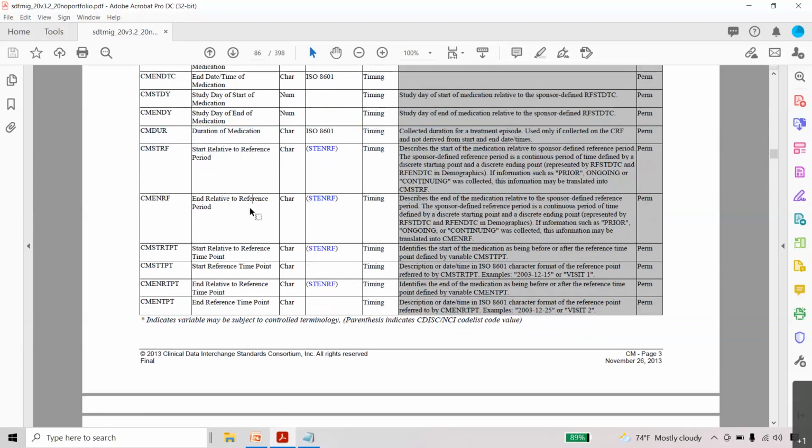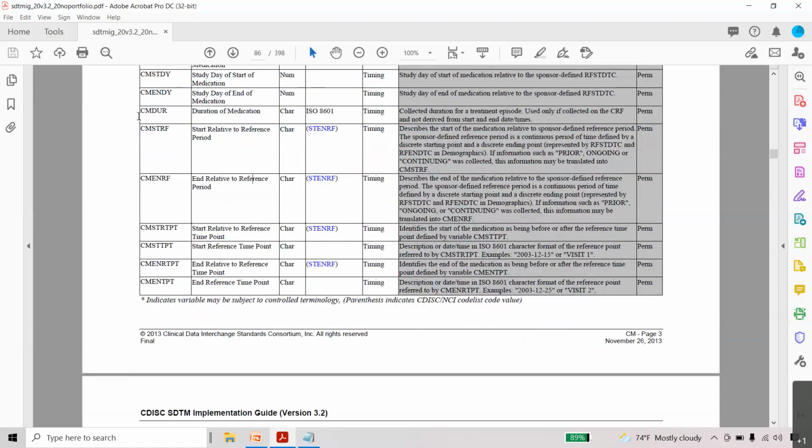Then we have the variable called CM duration, meaning how long the subject has taken that particular concomitant medication. At the ADaM level, we calculate it in days and call it ADURN, analysis duration. At the SDTM level, we call it CM duration.